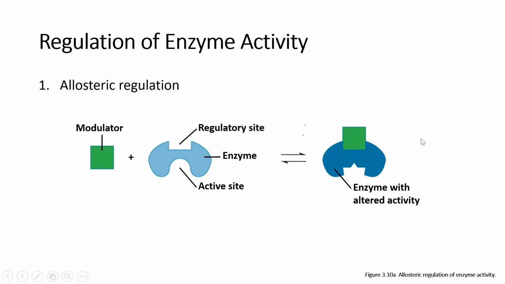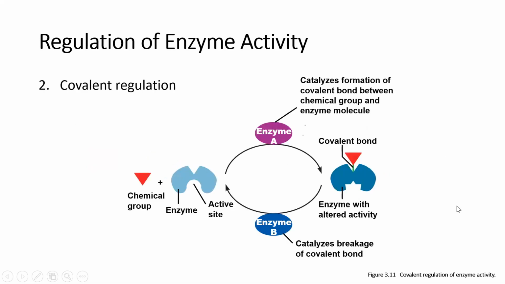So some modulator molecule X will bind to the regulatory site of this enzyme, and it will alter the enzyme's activity depending on what would be a favorable outcome for the situation in which the enzyme is in, okay?